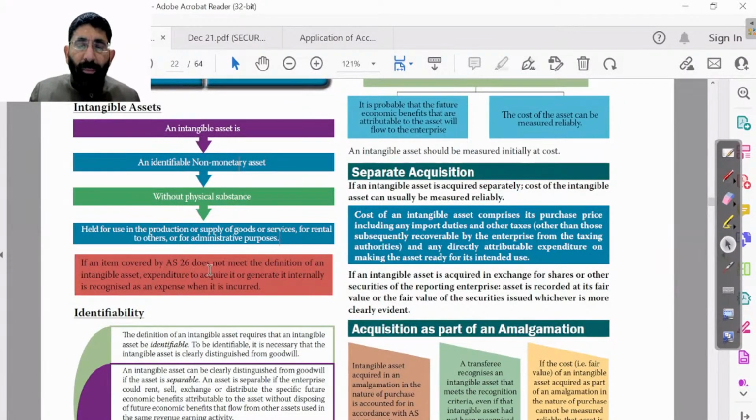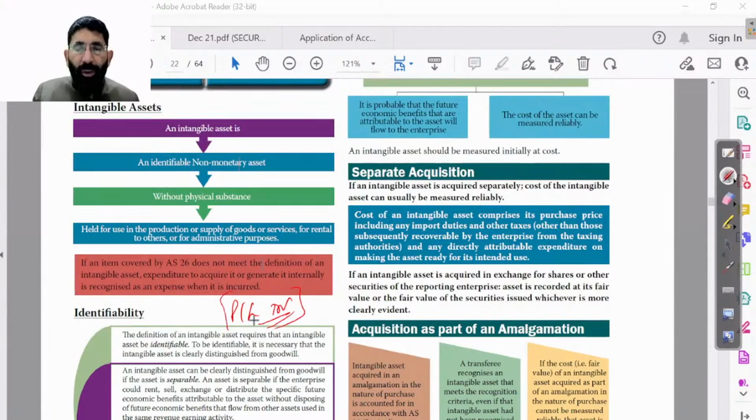If an item covered by AS 26 doesn't meet the definition of an intangible asset, expenditure to acquire it or generate it internally is recognized as an expense when it is incurred. So अगर हमें ऐसा लग रहा है कि ये AS 26 में कवर नहीं होता क्योंकि इसकी डेफिनेशन इसको कवर नहीं कर रही, तो उस पर जो भी खर्चा हमने किया, अगर वो किसी एएस में कवर नहीं हो रहा तो हम उसको रेवेन्यू एक्सपेंस मान के प्रॉफिट लॉस की डेबिट साइड में डाल देंगे.